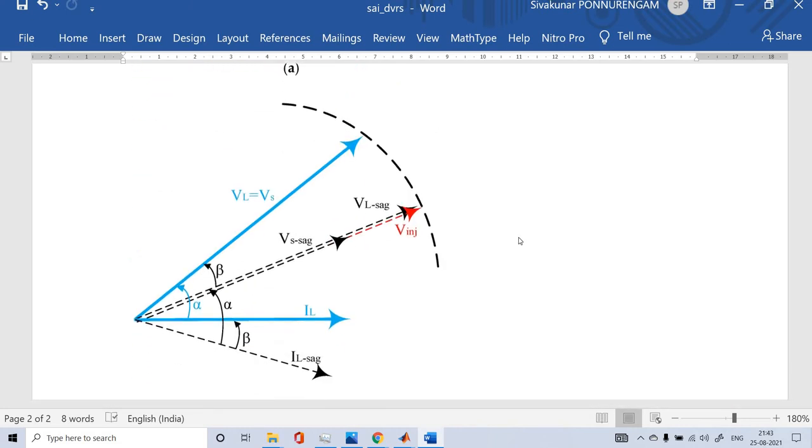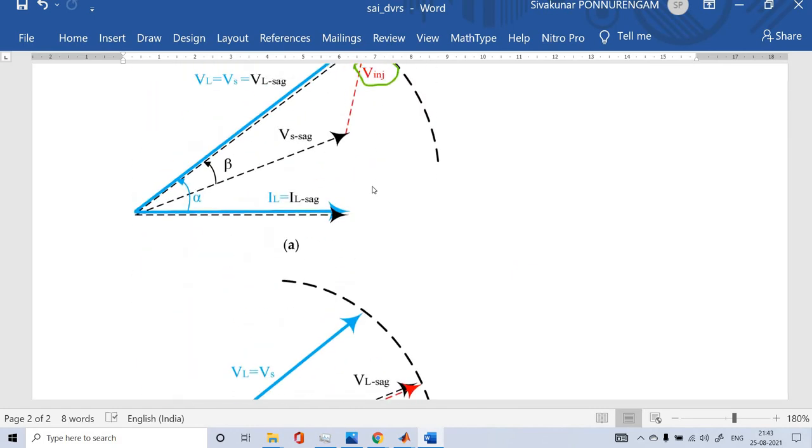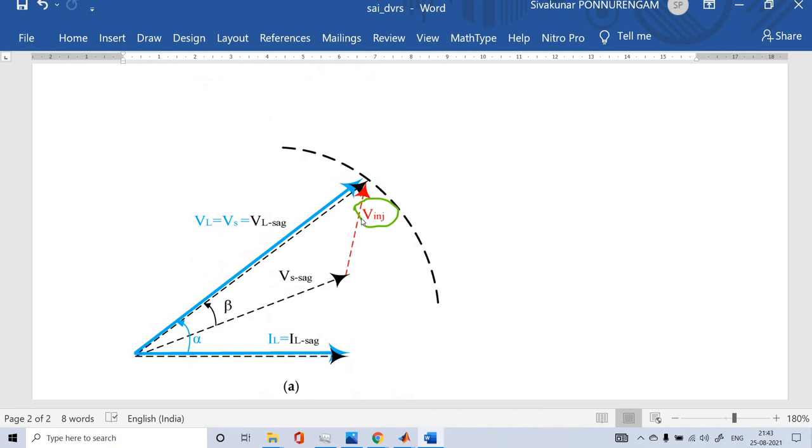Based on this concept, we are going to obtain voltage sag compensation and real power injection.